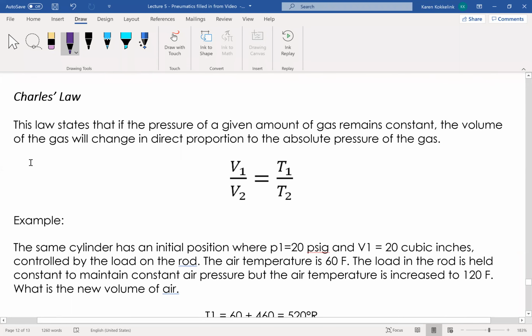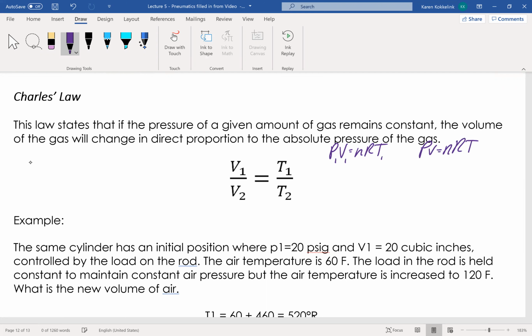Charles' law, it looks like I took here PV equals nRT and PV equals nRT. These are at state 2. So solve for what's not in here, P. Let state 1 equal state 2. So P1 is equal to nRT1 over V1.